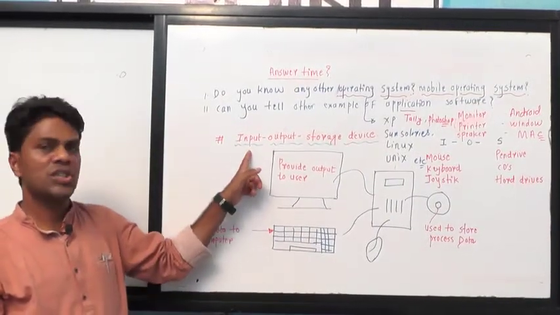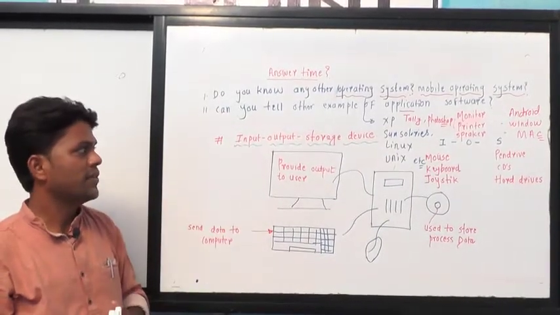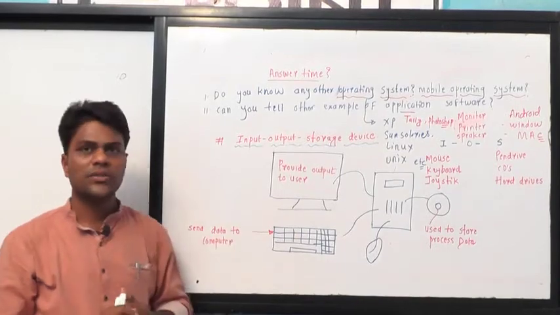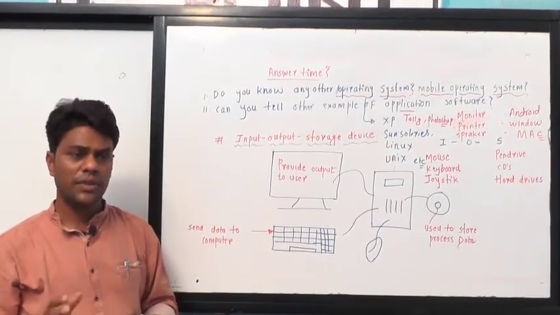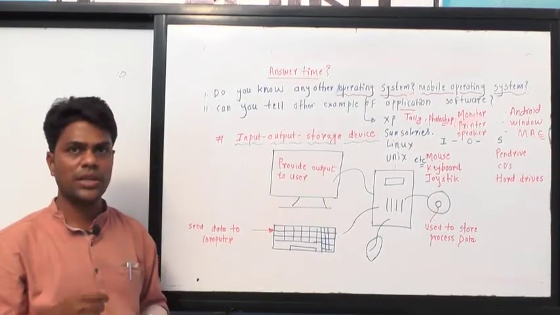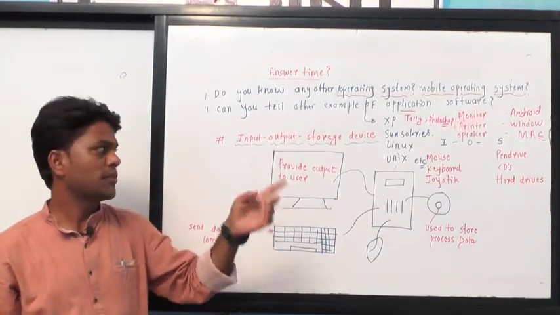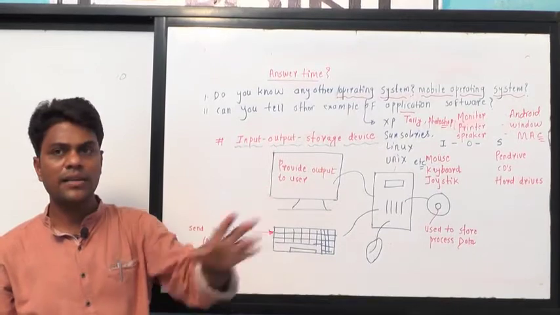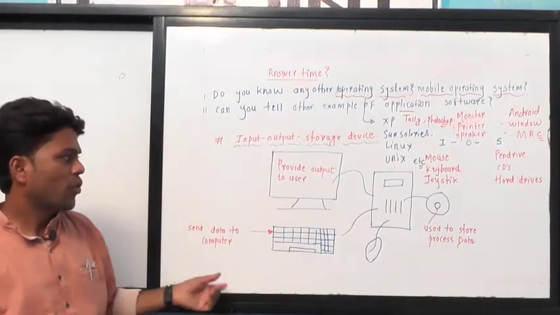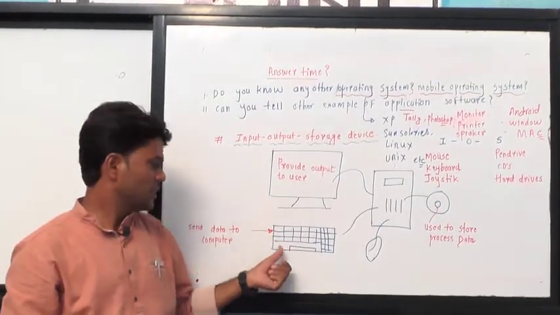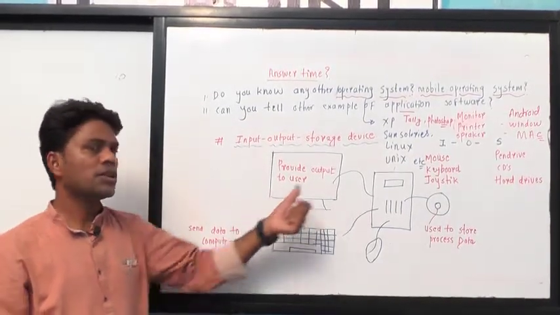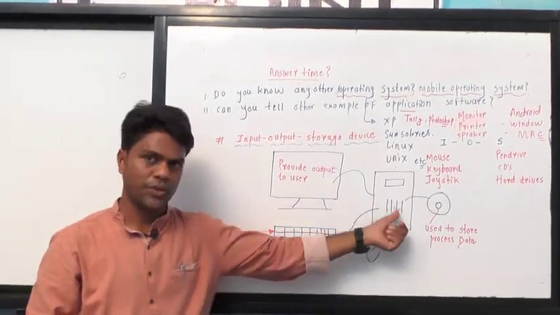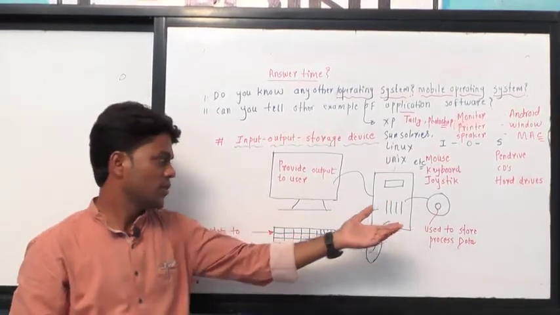So here the question arises, what are input devices? Dear student, input devices are the devices through which we can give input to the computer system, or send some kind of data to it. For example, when we type on the keyboard, we send some information to the CPU for further processing.